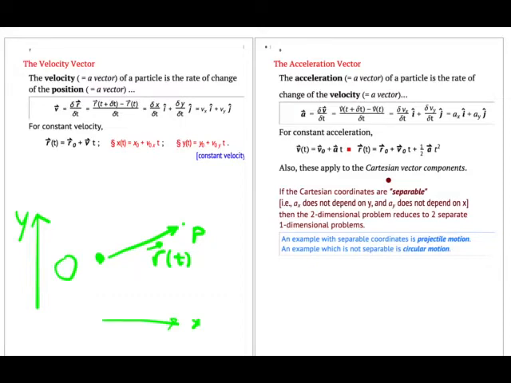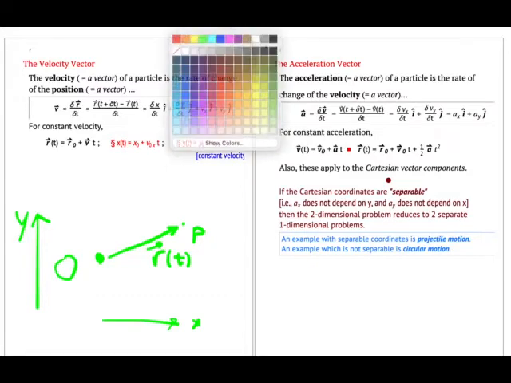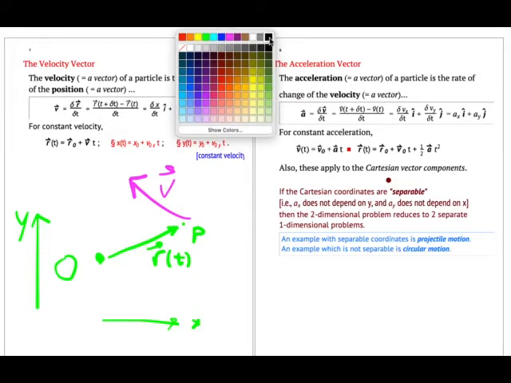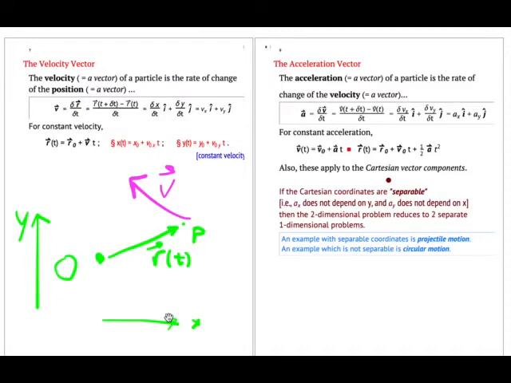Now, what's the velocity? Well, let me put the velocity in a different color. Let's say the particle is moving off this direction. The velocity vector could be that vector. Let's put on a little curve which indicates the motion of the particle.